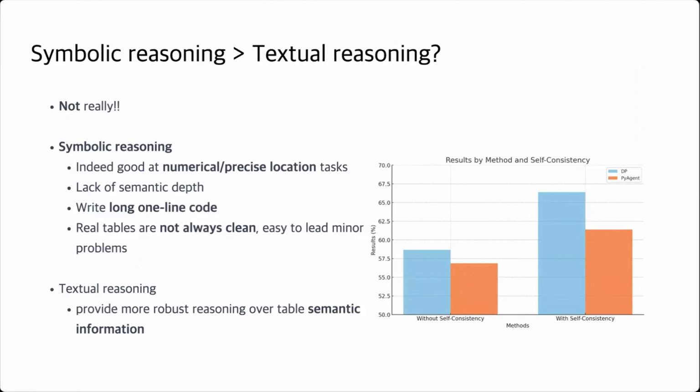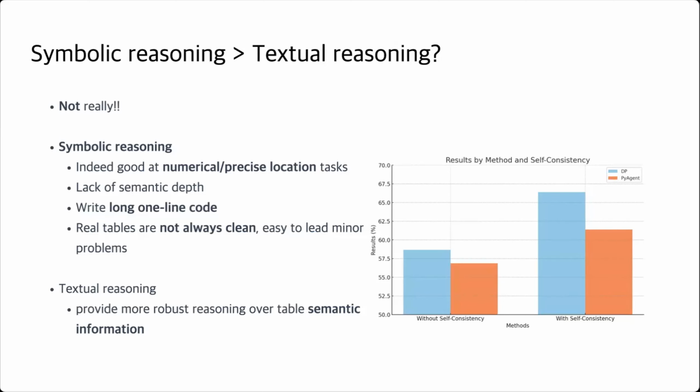This is actually because for a model like GPT 3.5, symbolic reasoning is indeed good at some counting tasks, but sometimes the coding part is just not as stable as what we want.